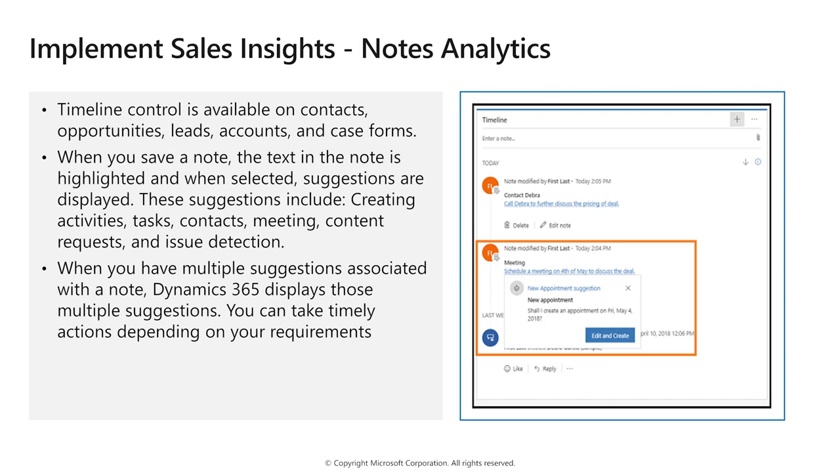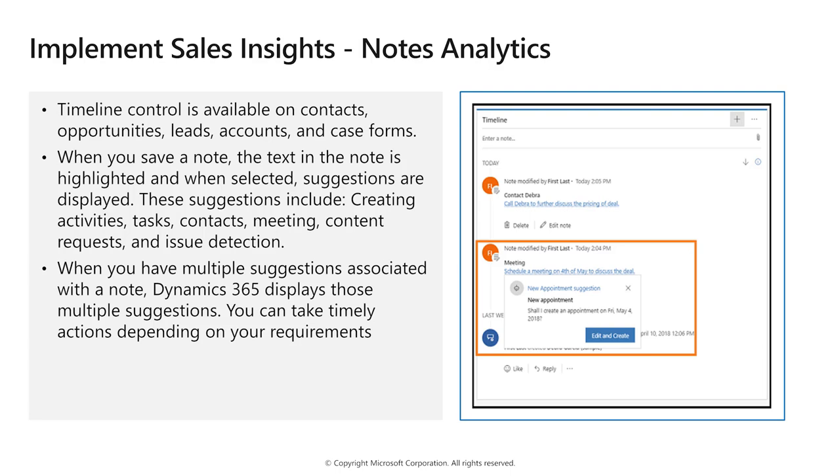Now, thinking about my implementation of Sales Insights from a Notes Analytics point of view, the timeline control is available on contacts, opportunities, leads, accounts, and also case forms. When you save a note, the text in that note is highlighted, and when selected, suggestions are displayed.